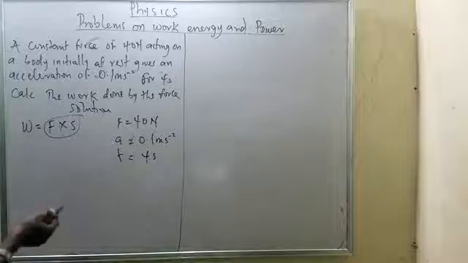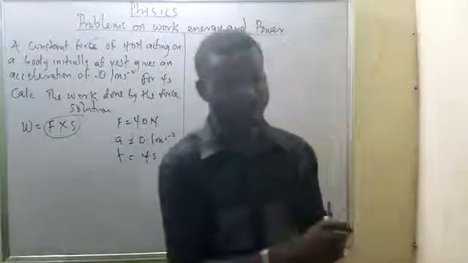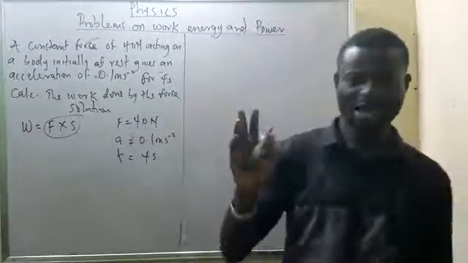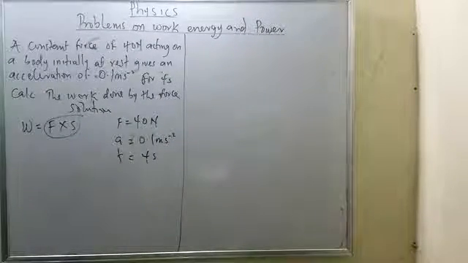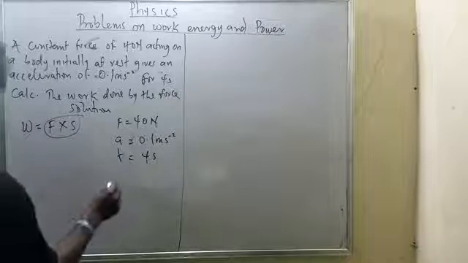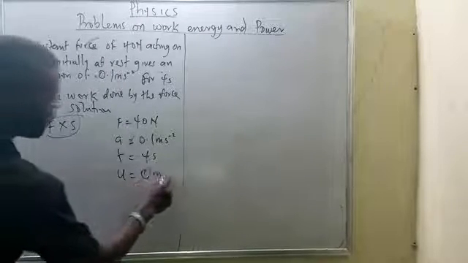I will think of my equations of motion. There are 3 of them, which I listed in our previous video when I was talking about speed, velocity and acceleration. Which one will help me at this point? Don't worry, I have my u because it's at rest. My u is 0 meter per second.